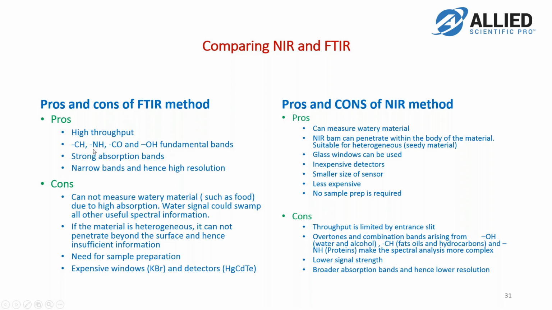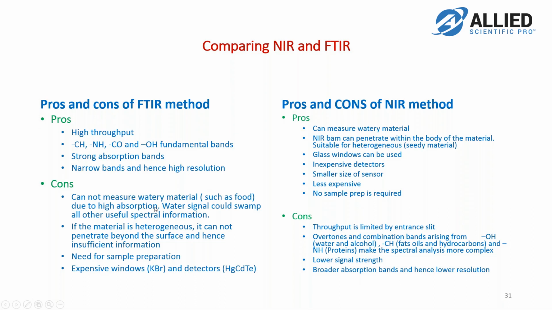Now, FTIR uses fundamental bands, whereas NIR uses overtones and combination bands that are weaker. FTIR has narrow bands and high resolution, with lower resolution for the NIR. And what are the cons of FTIR?